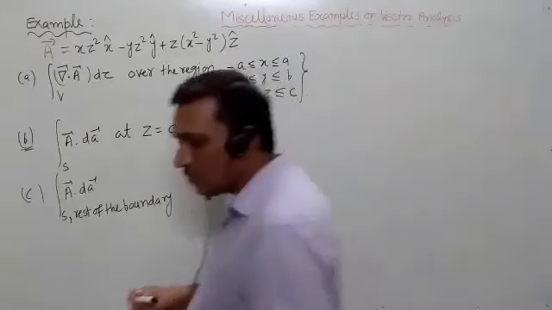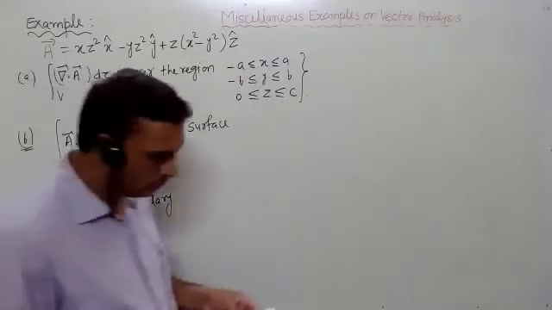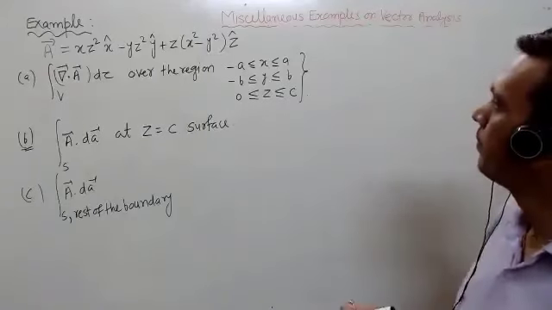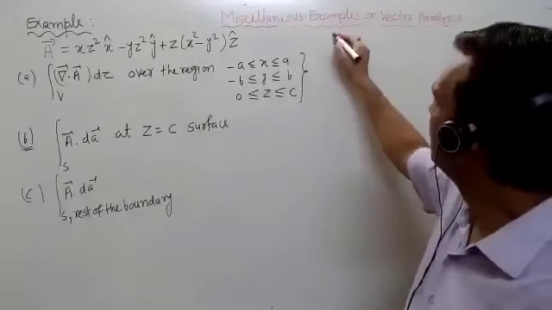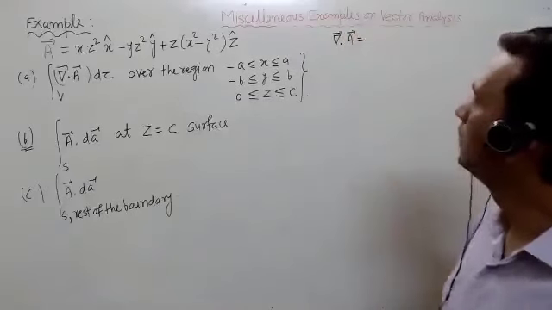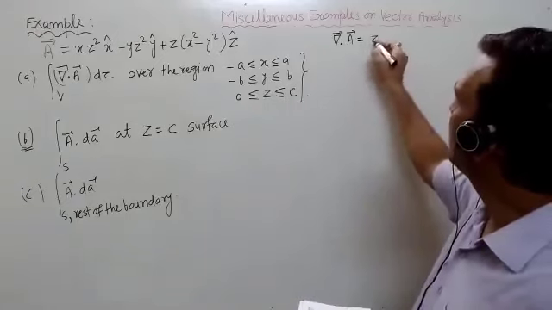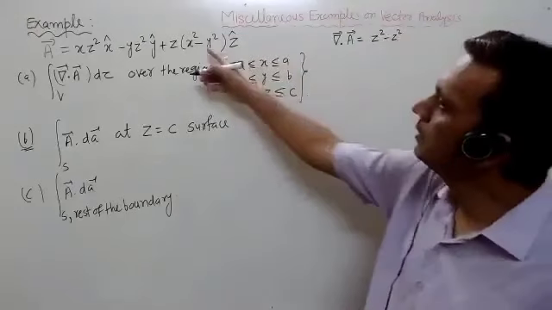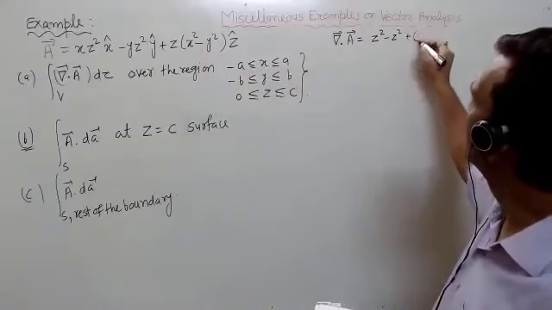So first find divergence of A. What will be divergence of A? The first term will be z square, then minus z square, and then x square minus y square.